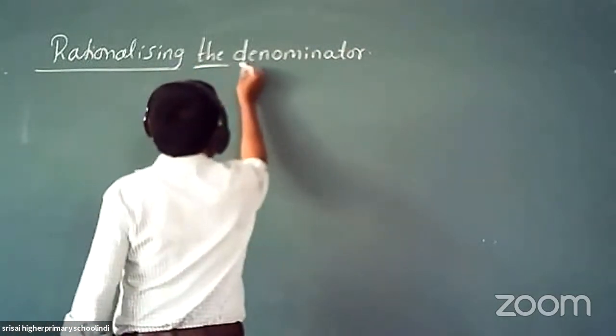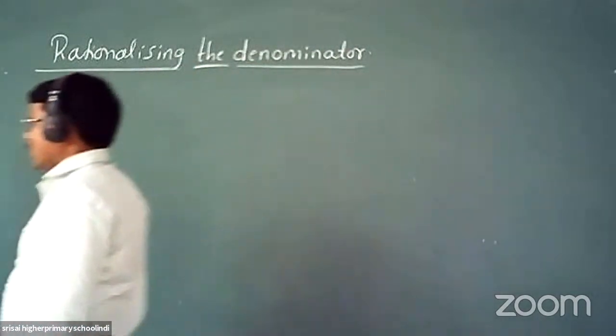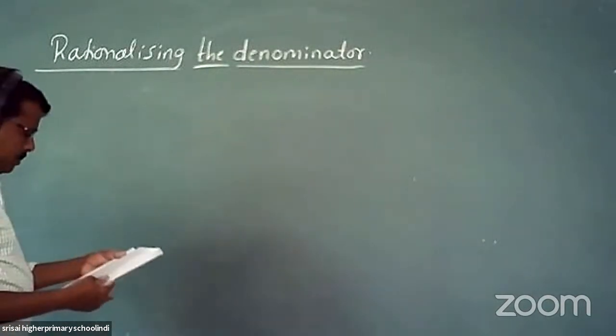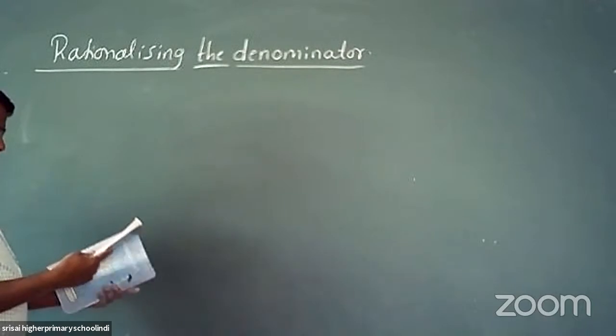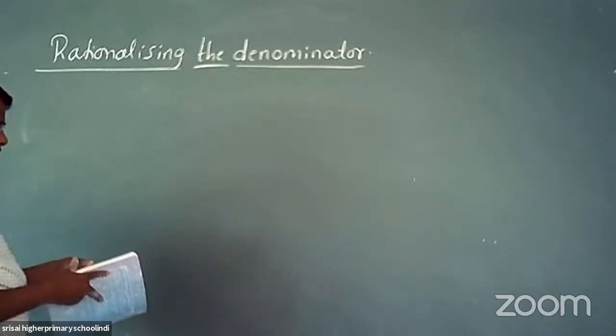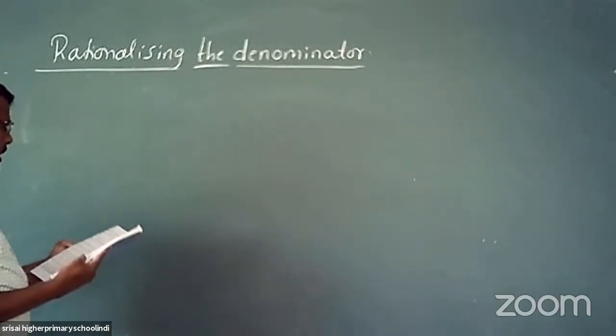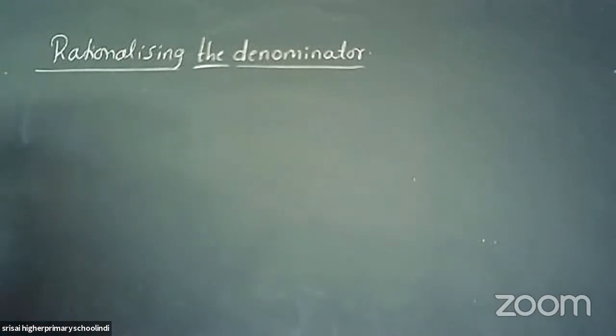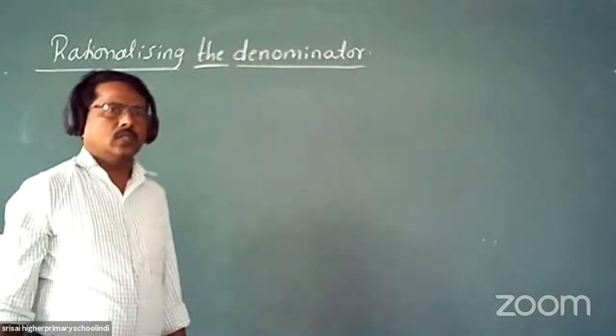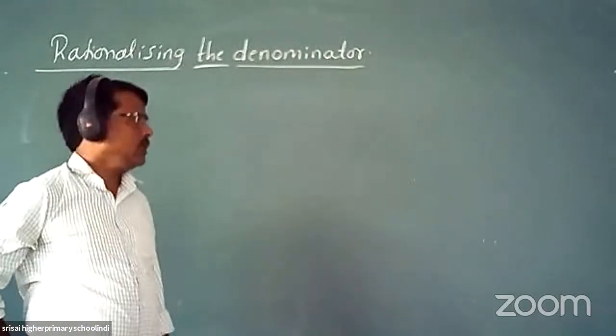Sir, page number? Page number 22. Rationalizing the denominator. What is the meaning of rationalizing the denominator? For example, if denominator is irrational, make it rational. If denominator is irrational, make it rational.